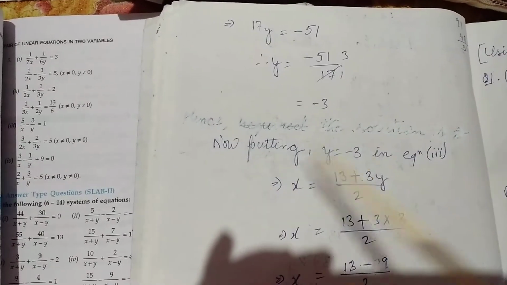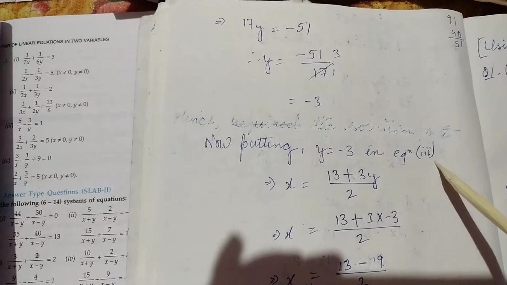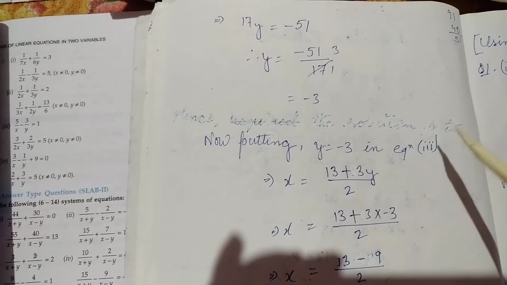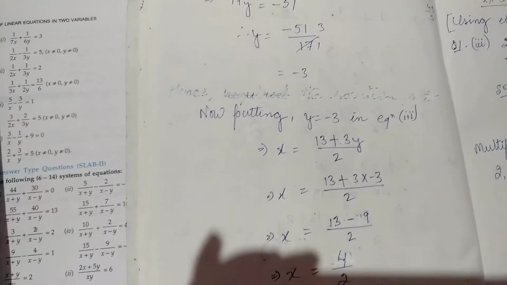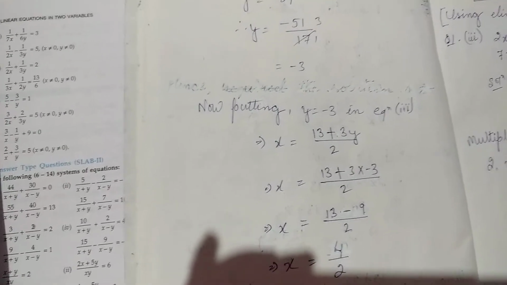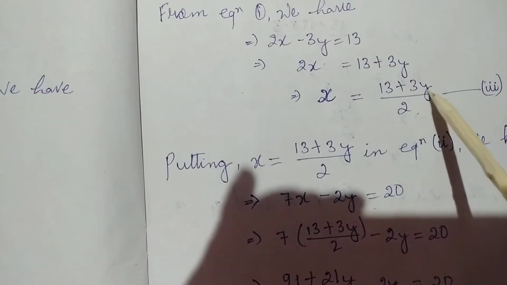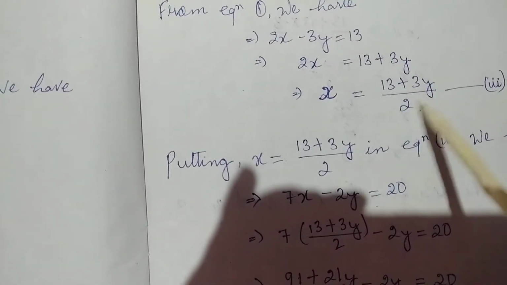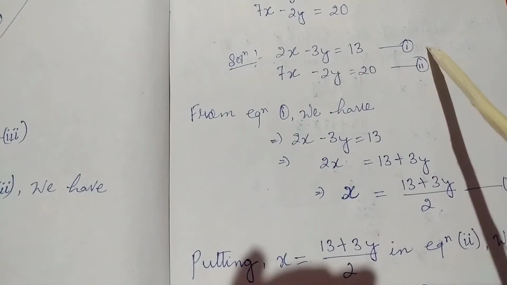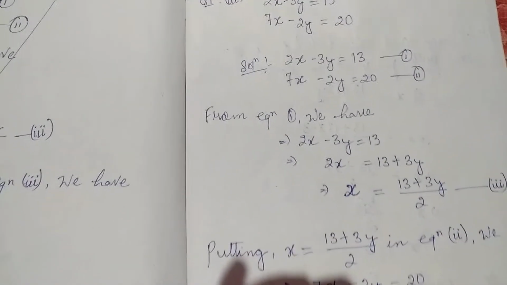We can put it in equation 1, equation 2 or equation 3. So now you see it is always easy or simple to put in equation 3. This was equation 3. If we put the value we got for y, we will easily get x. Or you can put in equation 1 or equation 2, that is no problem. You will get the answer.